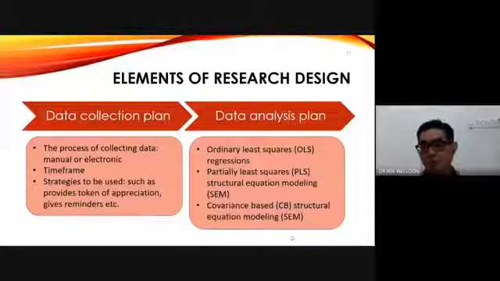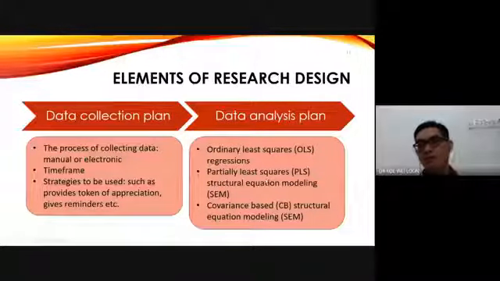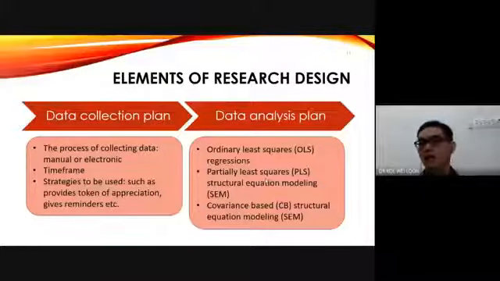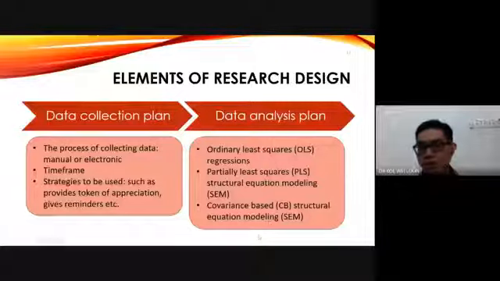Then maybe you can use CB SEM. But if let's say your sample size is small, then you should use PLS. And then it also depends on normality, linearity, and so on. If let's say your data is not normal, you cannot achieve normality for your data, then you cannot use CB. You have to use PLS.